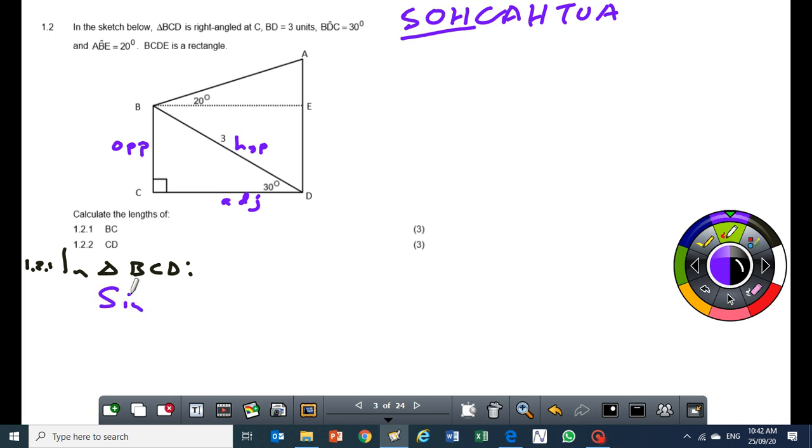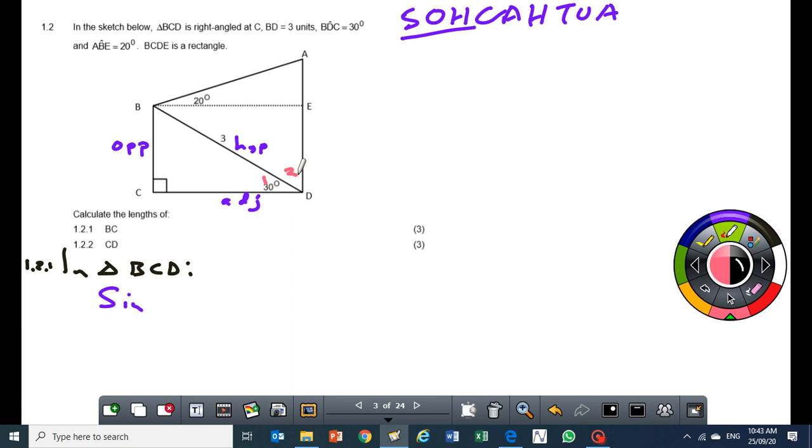In actual fact, it's not D there. It should be sine CDB. Or you can just give a name to this angle. You can call it D1, that one D2. Now if you say sine D, it's not entirely correct, because D is the whole angle, it's got 90 degrees.